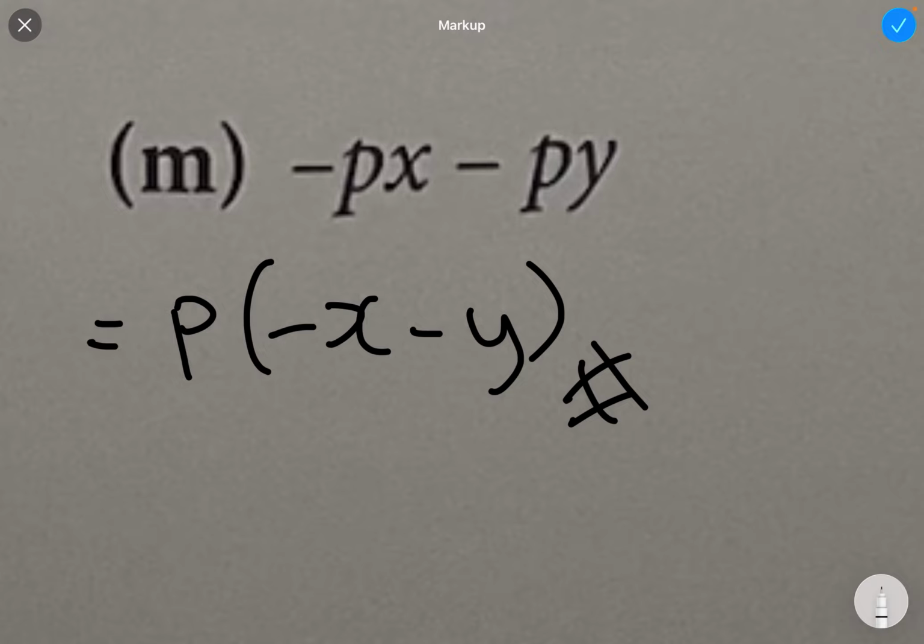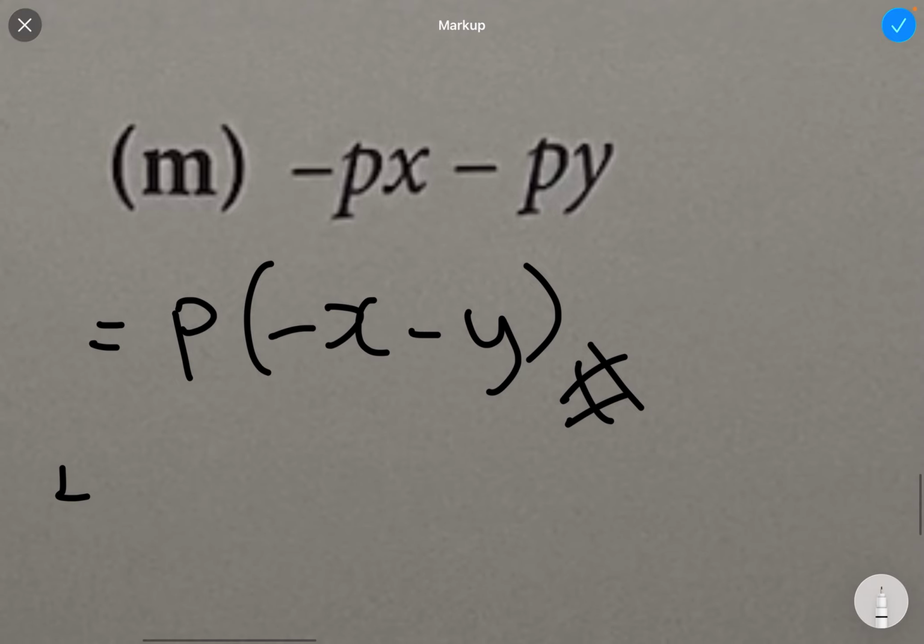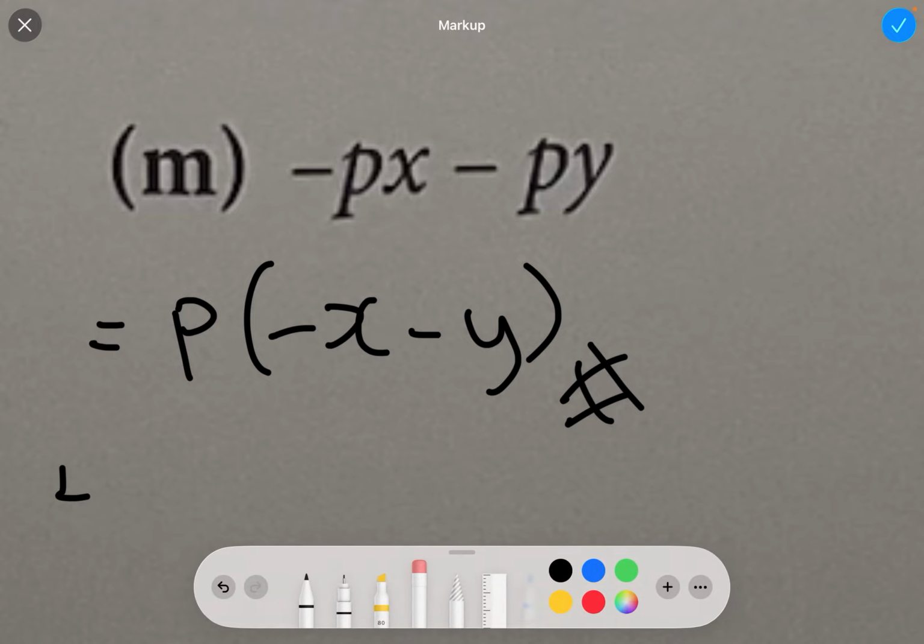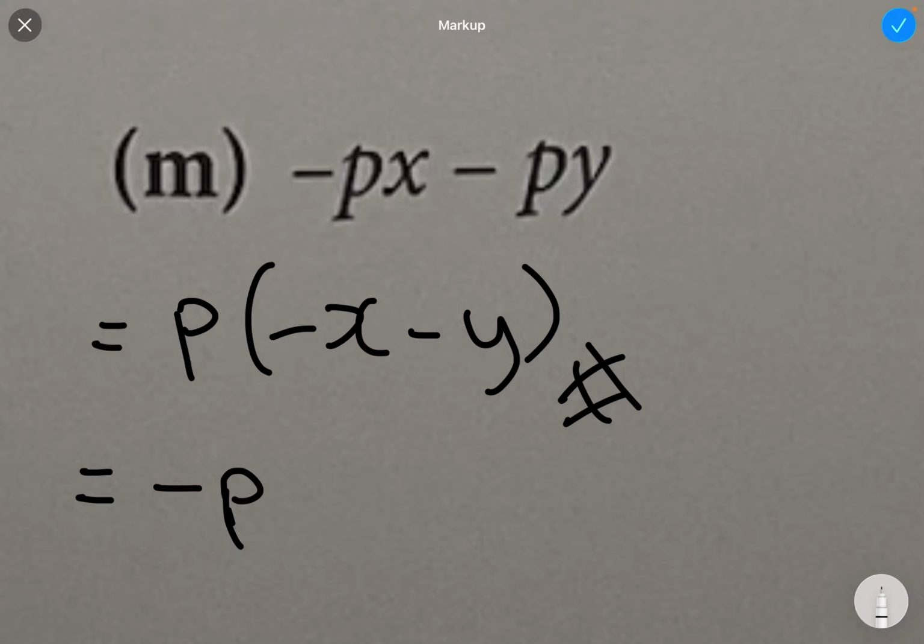But the question put here, they want you to know that when both your terms are negative, you can also factorize out the negative sign. Meaning, I take out the minus p. Then minus x divided by minus becomes positive x.